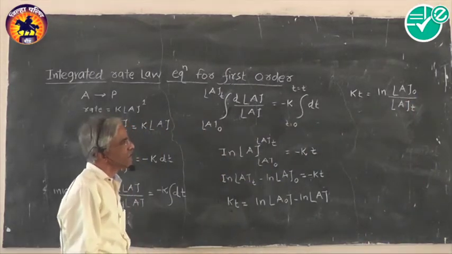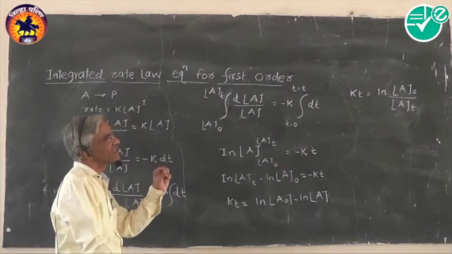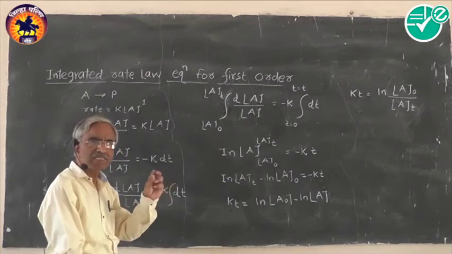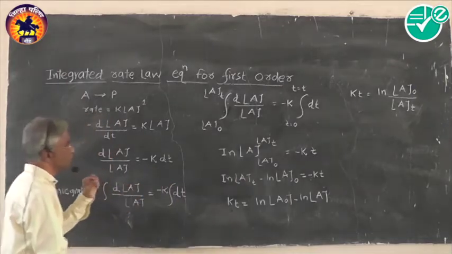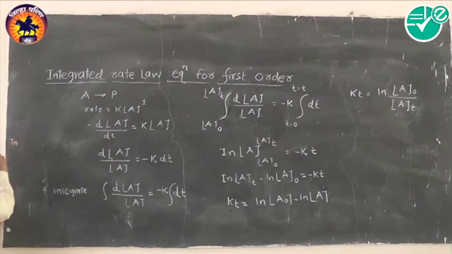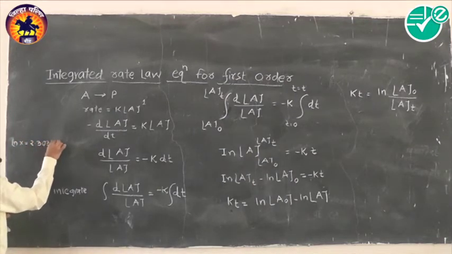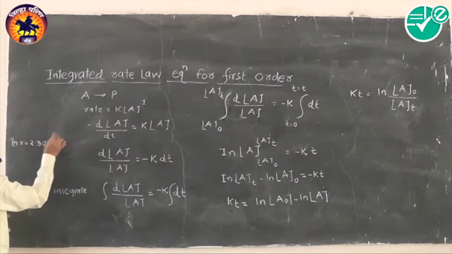Now when we have the ln function and it is to be converted to the log function to the base 10, then we know that if x is the function, then ln x is always equal to 2.303 into log to the base 10 of x.